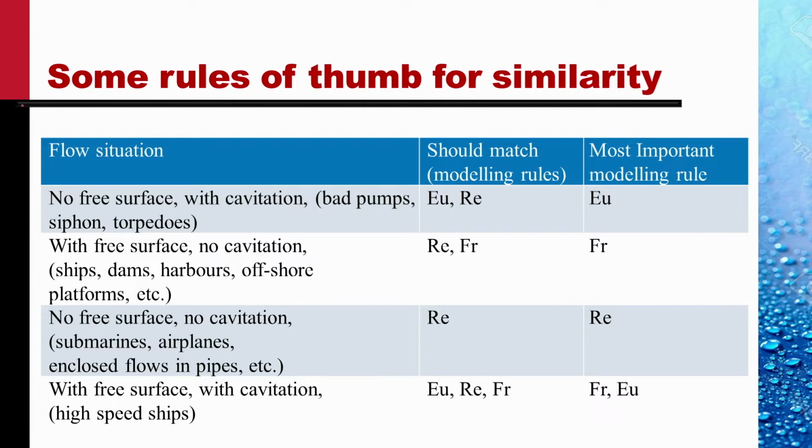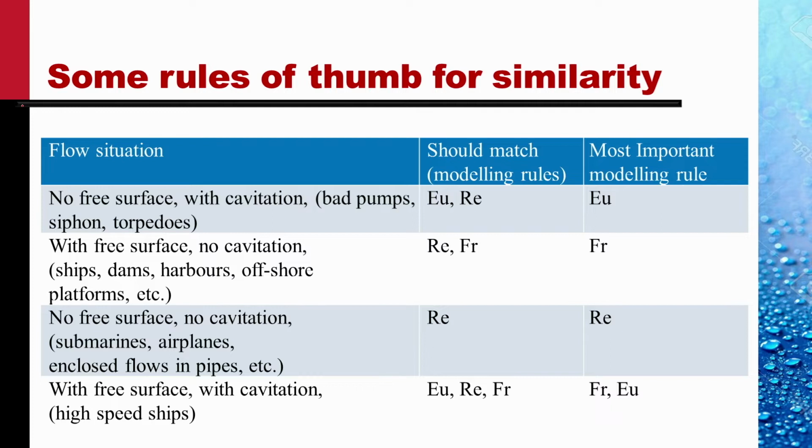The dependence on Reynolds number is rather weak, so only the Euler number needs to be matched in most cases. The dependence on Froude number drops out because there is no free surface.